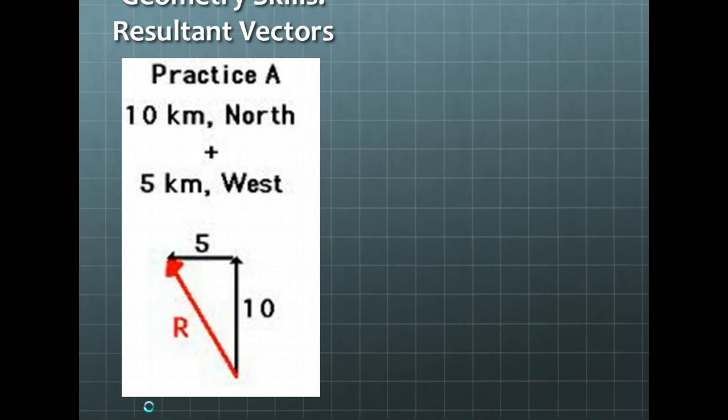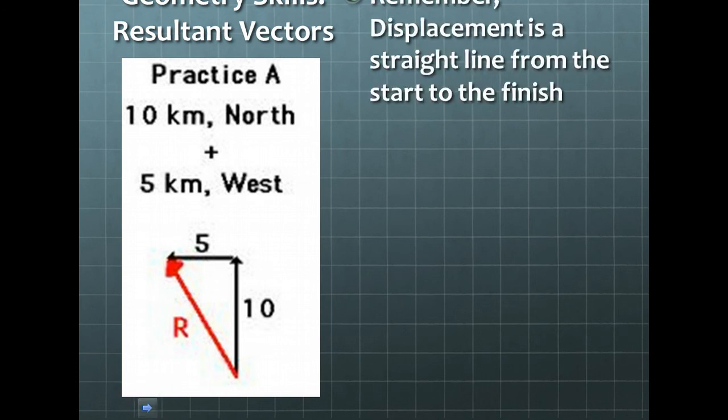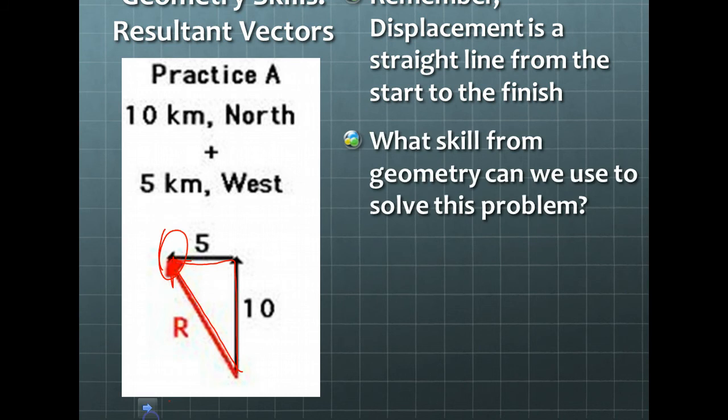Before we get started, of course, displacement is a straight line from the start to finish, right? We just said that. So if this is our path and we ended up here, displacement is from here to here. So that's what we're trying to figure out. So what skill can we use to solve this problem?